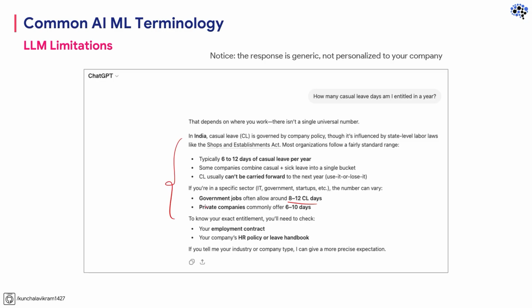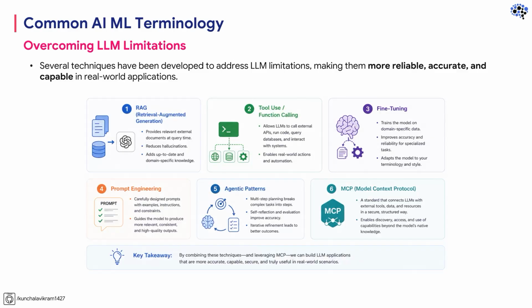But it is also suggesting that if you want the actual leave days, you need to check the employment contract or any handbooks or HR related policy documents, right? But it has not given me the actual leave days I am entitled to, because it has no access to my internal company related data. That data can be in the form of Confluence pages, or PDFs or docs that my company maintains in their own portals, right?